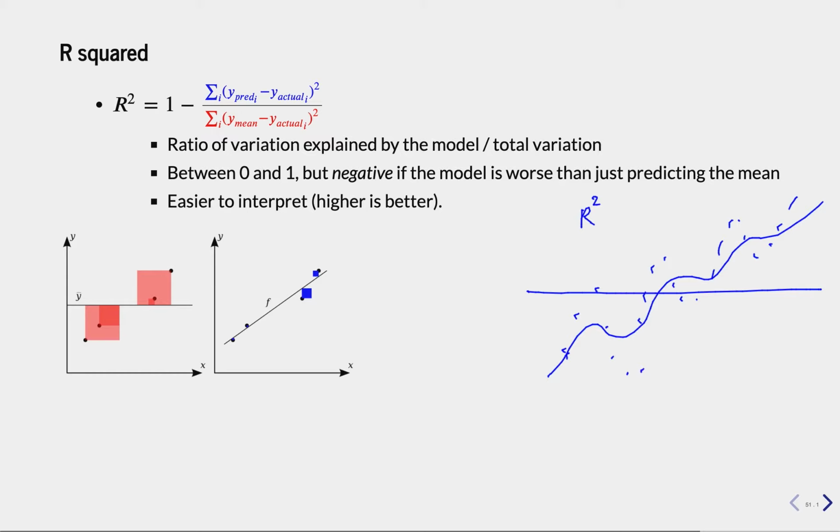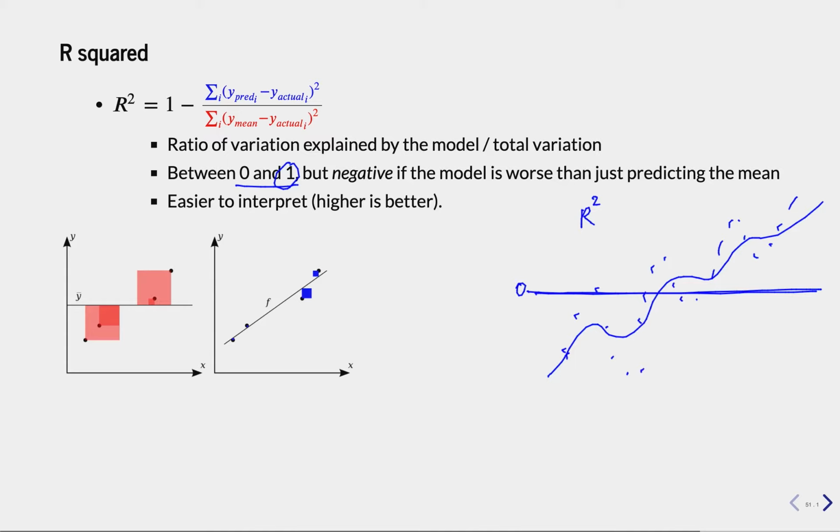So it's a relative performance measure. This is nice because now it's between 0 and 1 usually, right? So 0 means that you do the same as just predicting the mean. If you have a score of 1, you basically have perfect predictions, right?